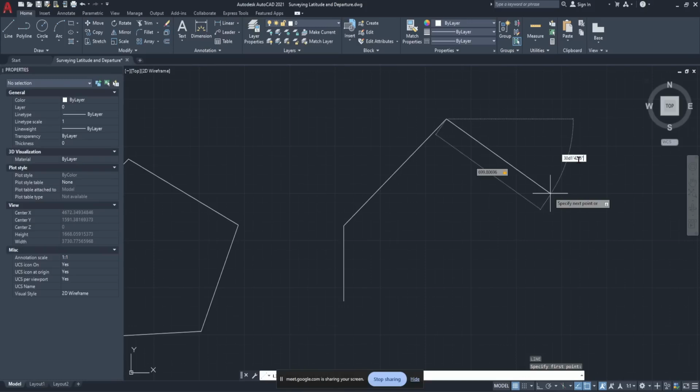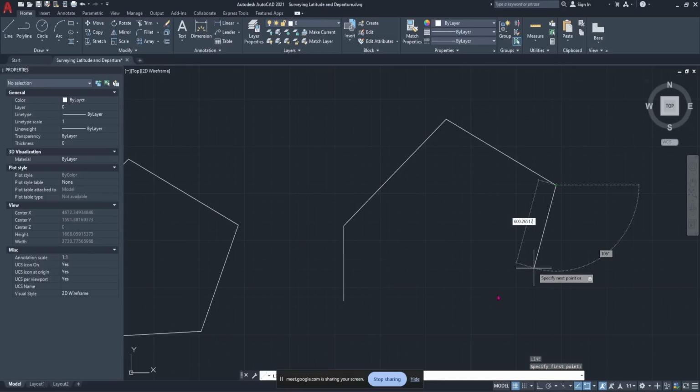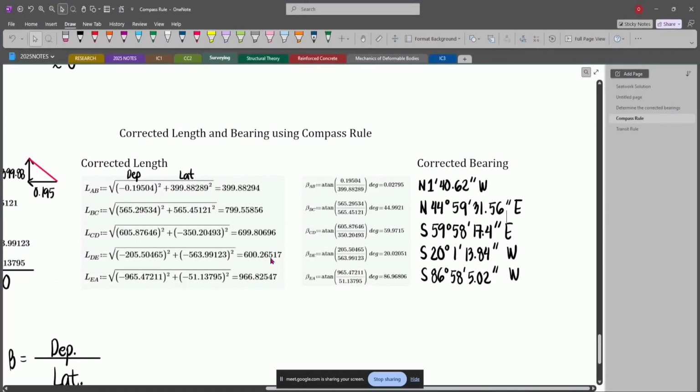For line DE, the length is 600.27, and our bearing is on the fourth quadrant. So we add 90 to the bearing angle. And same for EA, we also add 90 to the bearing angle since it is located on the third quadrant. However, since this is already the corrected figure, we can just draw a line from point E going to point A, and they should connect.